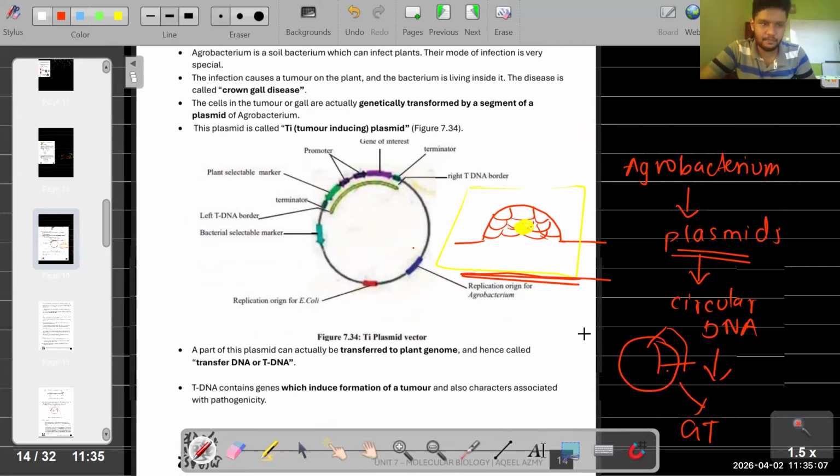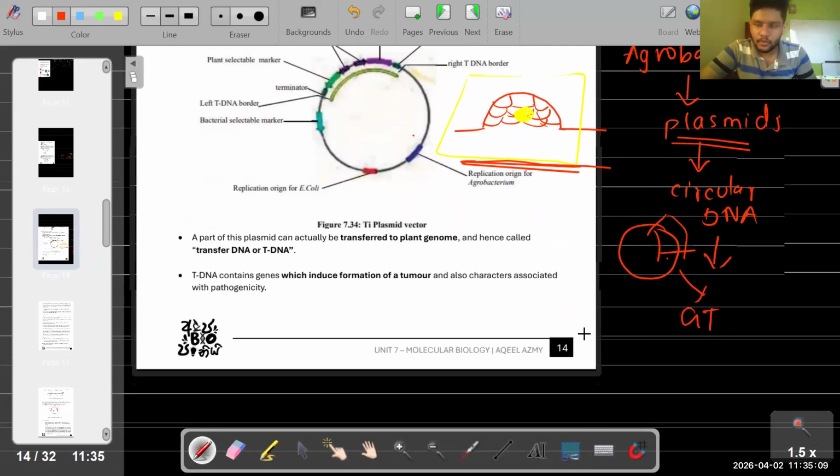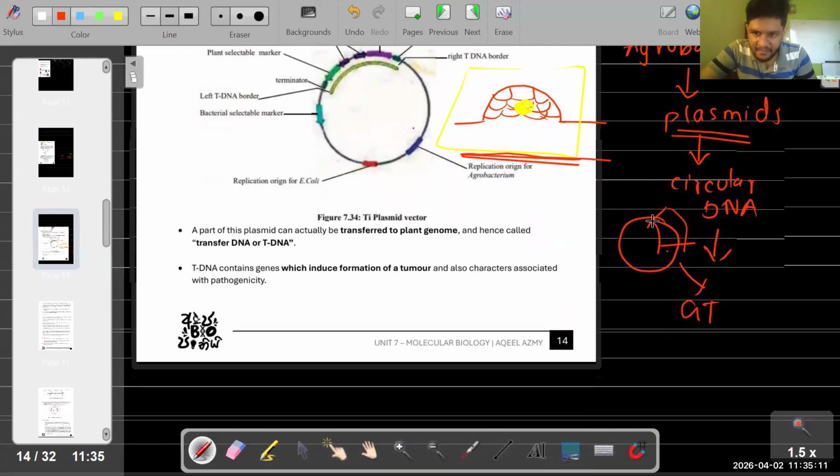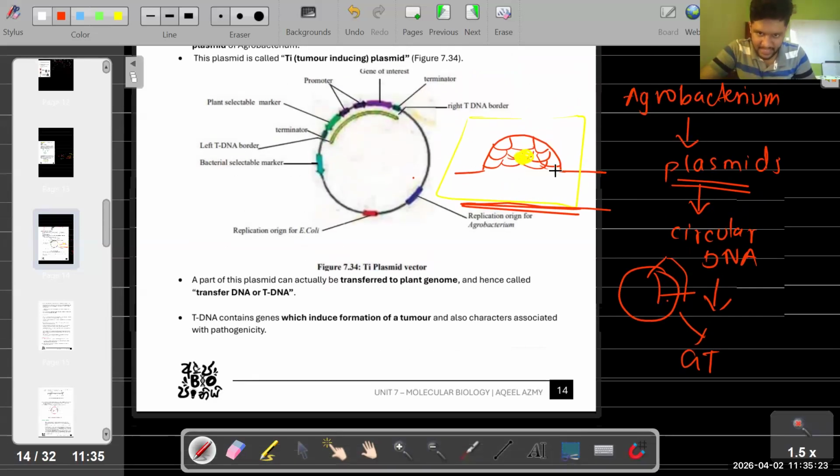They are circular in nature, right? Those circular DNAs have DNA segments. Listen carefully. They have DNA segments which can genetically transform into the cells of the tumor. They will be disguising, just think like that.